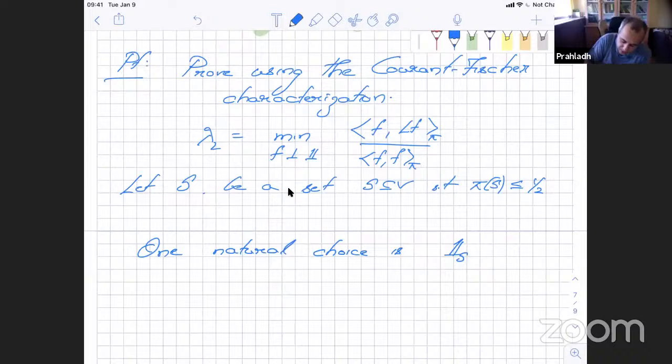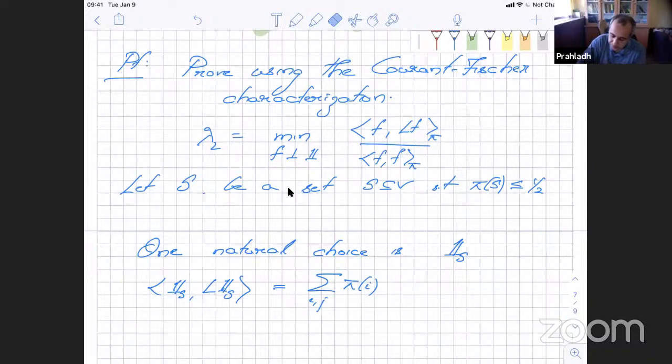So let's actually look at what L applied to 1S is. This was the numerator of this quantity. By definition, this is just the summation over all ij of pi i, wij, (1S(i) minus 1S(j)) whole square.